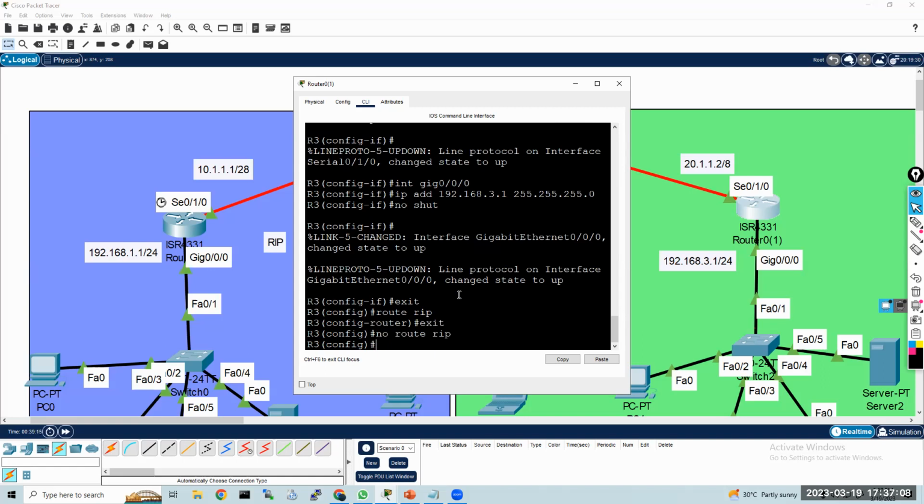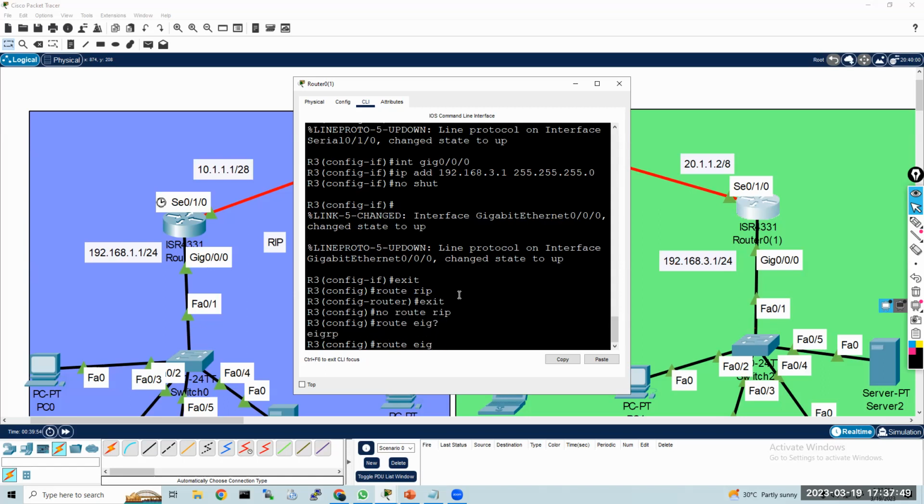Okay, do router EIGRP from number 3. Yes. You start with router EIGRP, and then you can choose an ASN.